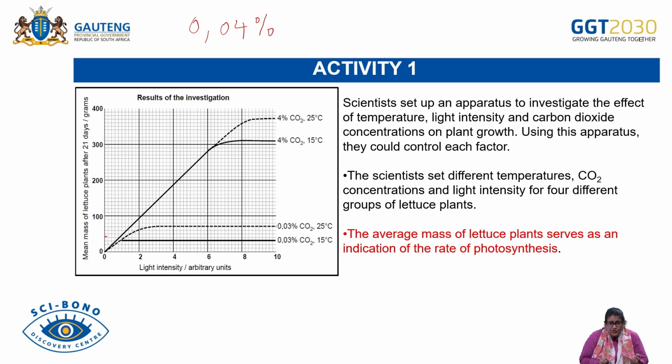You kept the CO2 level same, you increase the temperature, you kept the light intensity the same, but because it wasn't the optimum 0.04 CO2, the rate of photosynthesis increased a little bit, and the mass in the lettuce also increased compared to at 15 degrees, but not too much of mass. Okay. Then we're going to now the next graph line, which is the dark line here.